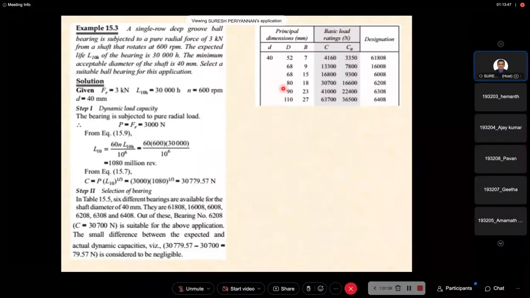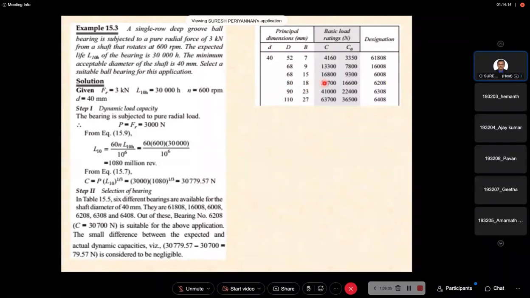Now what is the bearing width here? We found this value, and based on that we found our C naught value, and based on that we designated our bearing number. Later we came to know that the bearing outer diameter is 80 mm and the bearing width is 18.